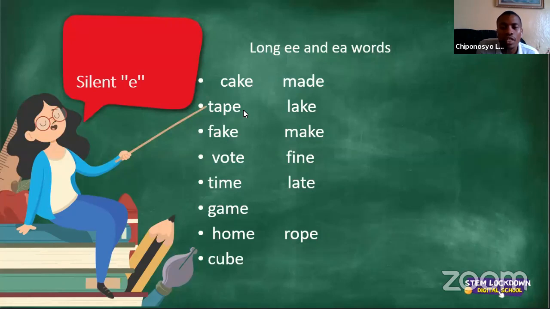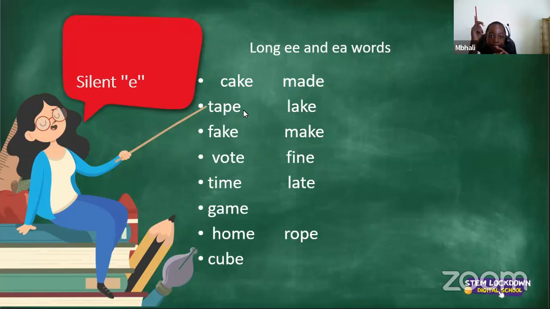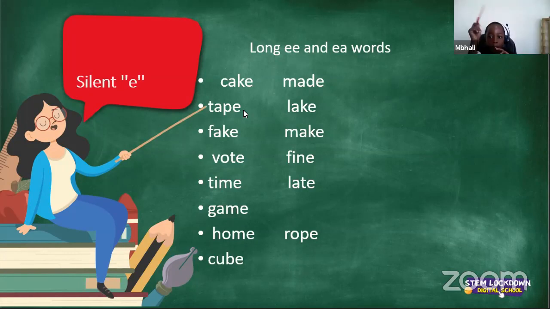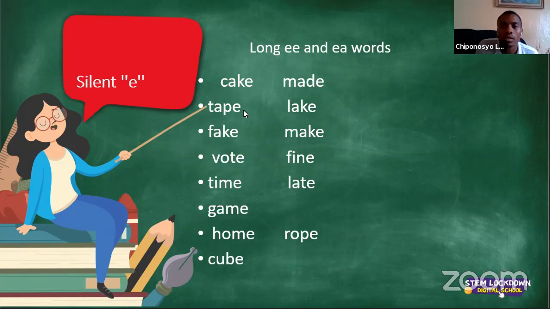Mbali, what's the question? What is tape? You want to know what is tape? All right. Awesome. So it's only tape, fine, lake and rope that we're looking at now.